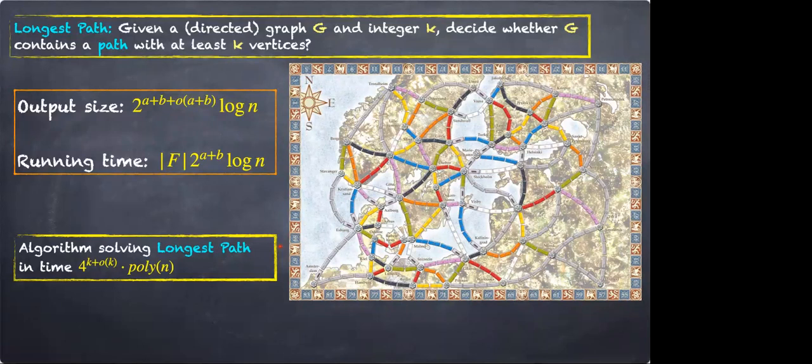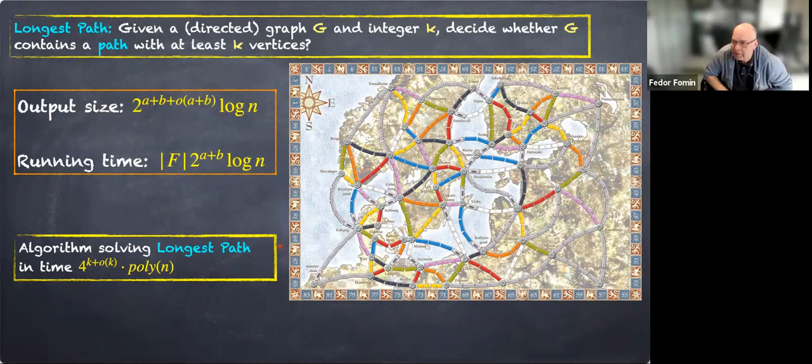Oh, okay, thank you. There's also a question: would the color coding technique work for the longest path problem and have the same running time? If you care about the single exponential running time, yes, but the running time of color coding will be twice e to the power k, which is worse. So 4 to the k is already better than the color coding technique.